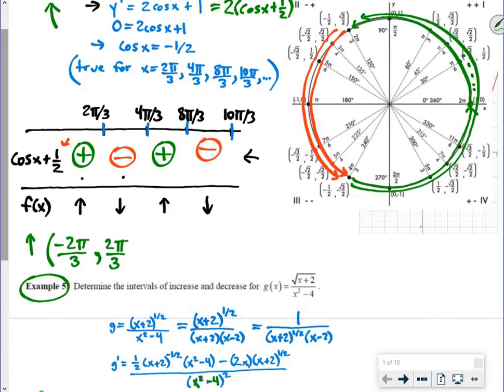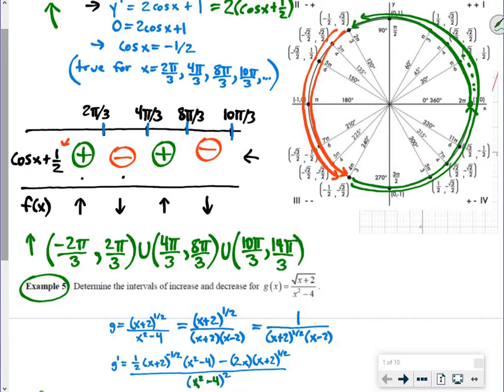Okay, we're increasing on that interval. We're also increasing on the interval from 4 pi over 3 to 8 pi over 3. And we're also increasing from 10 pi over 3 to 14 pi over 3, and so on.